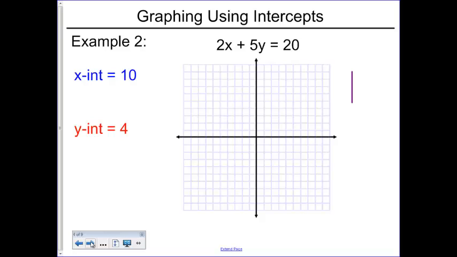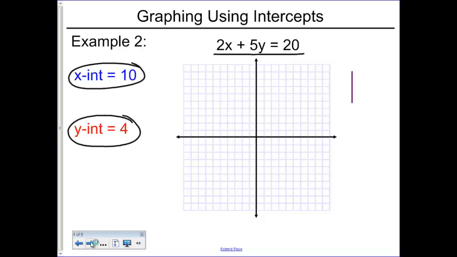Next example here, example 2, graphing using intercepts. I've got the same equation right up here, but we already have the x-intercept and the y-intercept identified. So in order to graph this line using the x and y intercepts, I go to 10 on my x, which is over here, and then I go to positive 4, 1, 2, 3, 4 on my y, which is there.